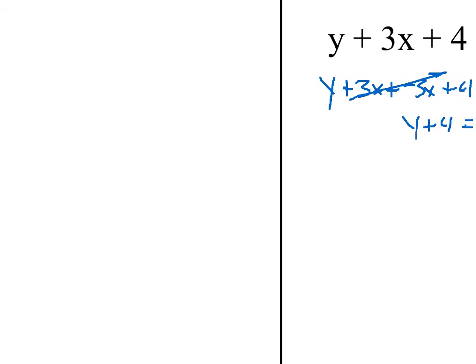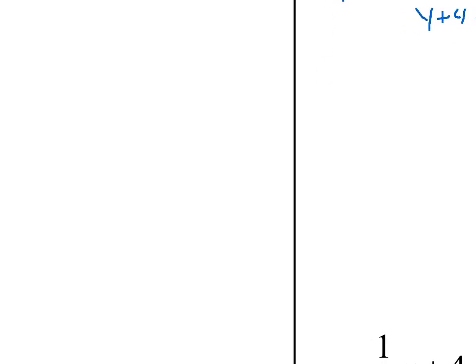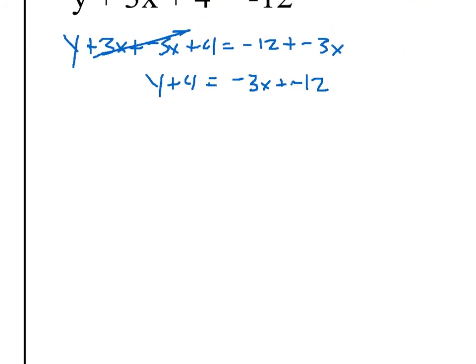I heard Desiree saying, well, now I'm looking over here, y still isn't alone. I still have y plus 4. Well, that's a simple inverse operation. This is a problem that we've done one exactly like it already today. Michaela, what do I need to do to get the y alone? Add a negative 4 to both sides.